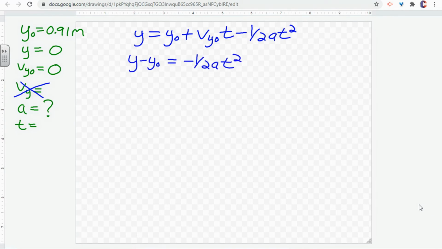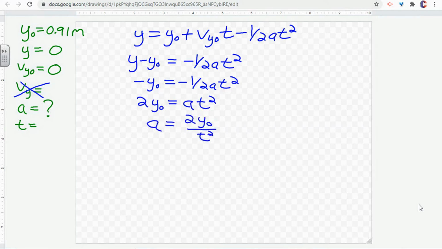I know that the Vy naught times t is 0 because my initial y velocity is 0. So 0 times t gives me 0. I also know that my initial height is 0.91 and my final height is 0. So I'm going to change that to negative y naught equals negative 1/2 a t squared. And I'm going to multiply both sides by -2, and then I can solve for my acceleration.